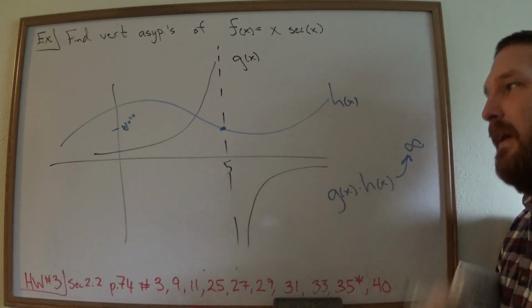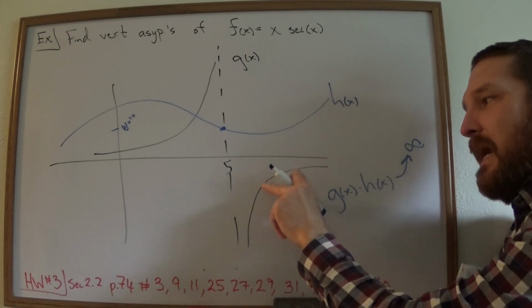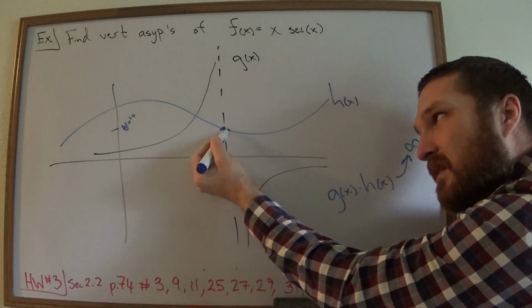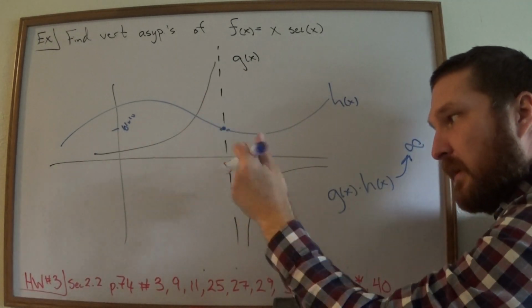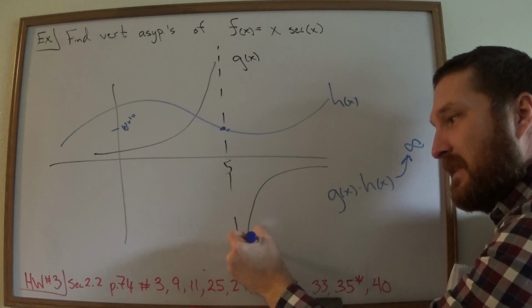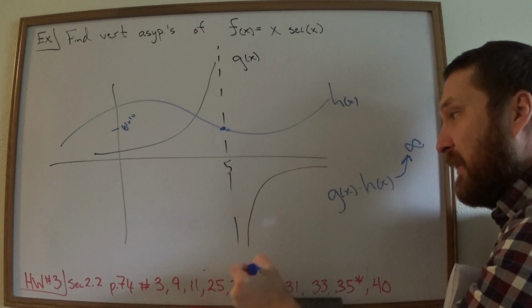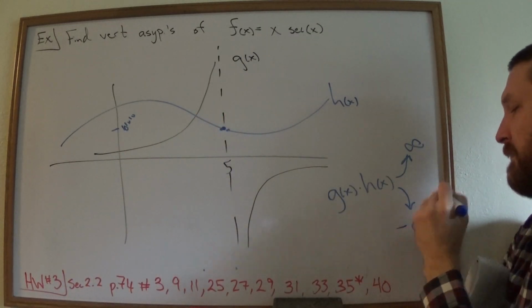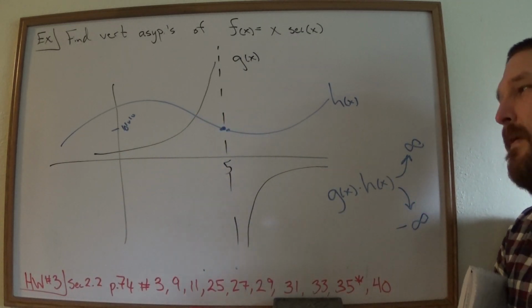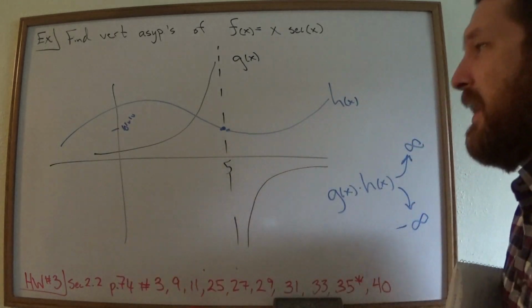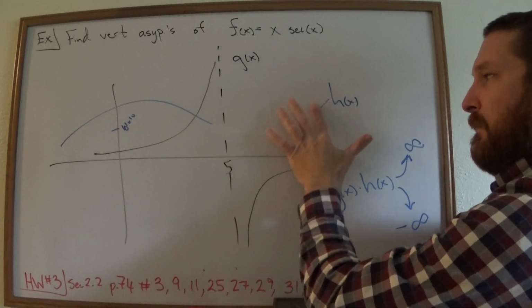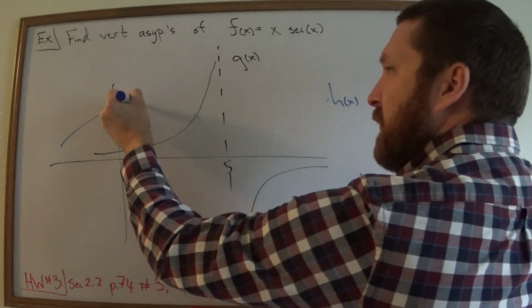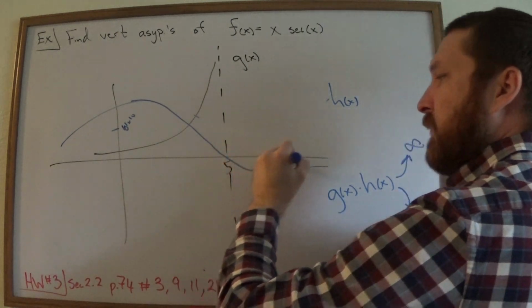If you're coming from this side, you take this function just to the left of it, I don't care what value it is, if these values are getting bigger and bigger negative, then when you multiply it by some finite number, it's still going to be going to the bigger negative number. The only possibility you have of getting out of this trap is if at this point your h is going through 0.